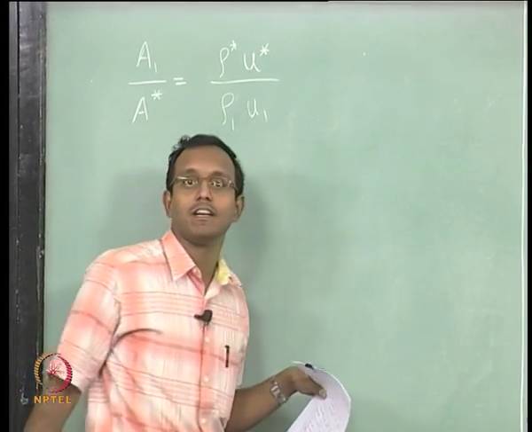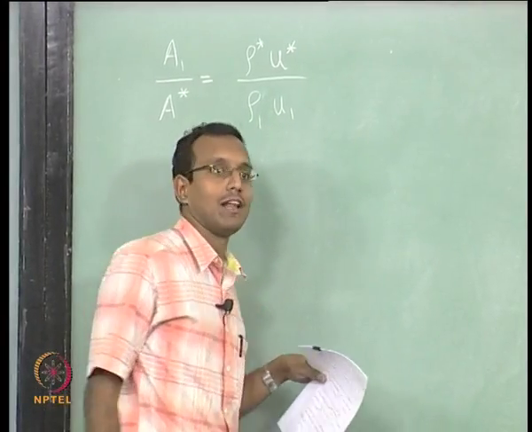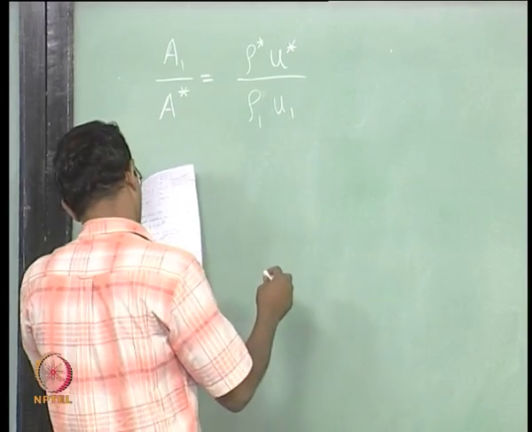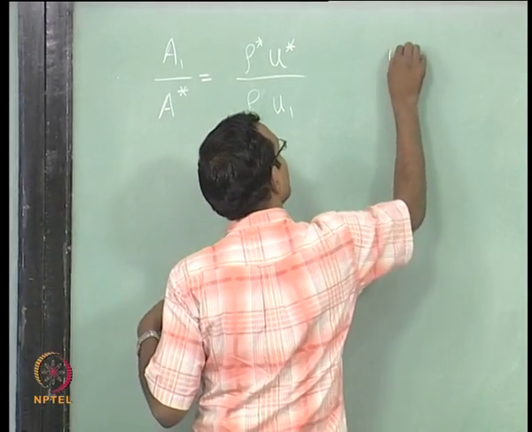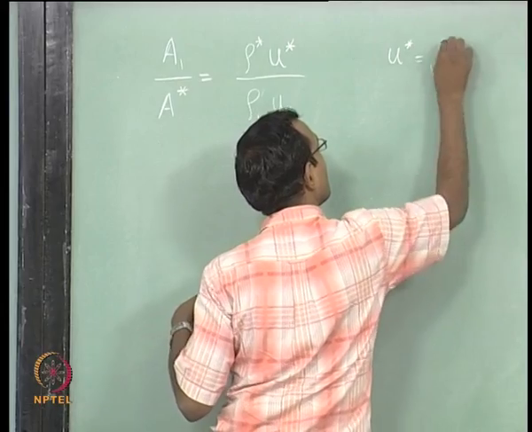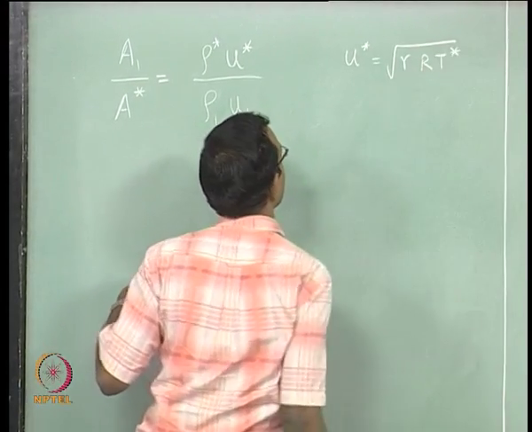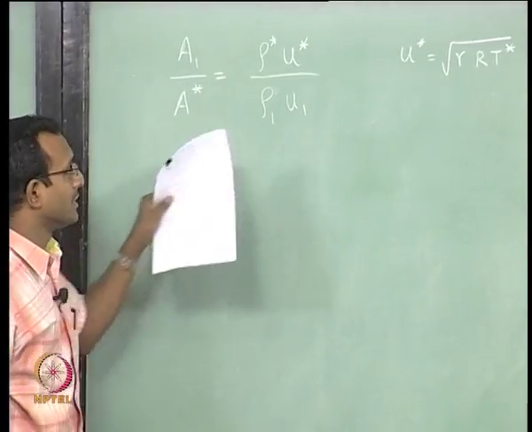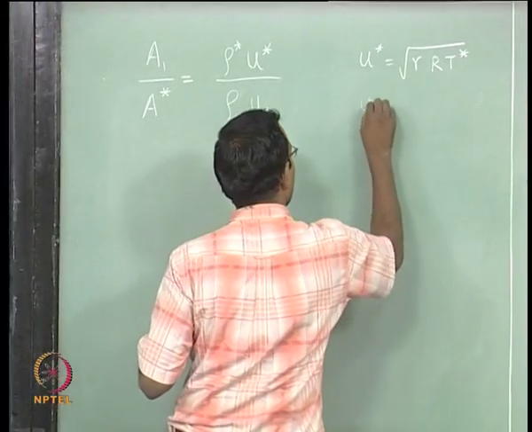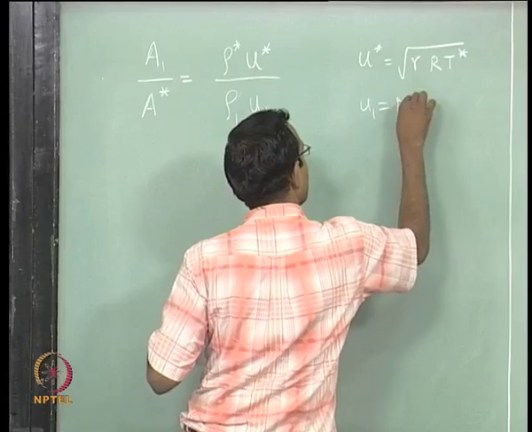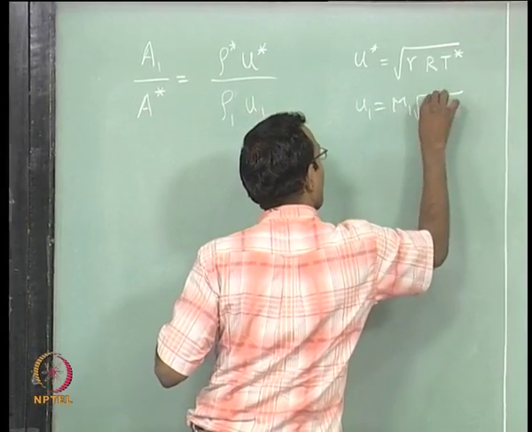Now, I have to find individual terms in terms of something I know. I want everything in terms of Mach number, that is the overall idea for me. I can write u star as a star and u1 as M1 times square root of gamma R T1.